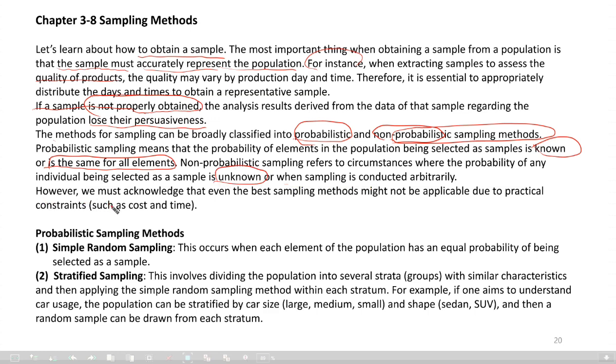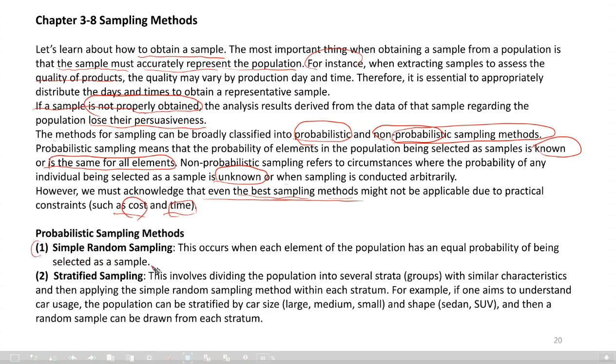However, we must acknowledge that even if the best sampling method is known, the best sampling method might not be applicable due to practical constraints such as cost or time, too much money and too long. Let's look at the probabilistic sampling methods first.